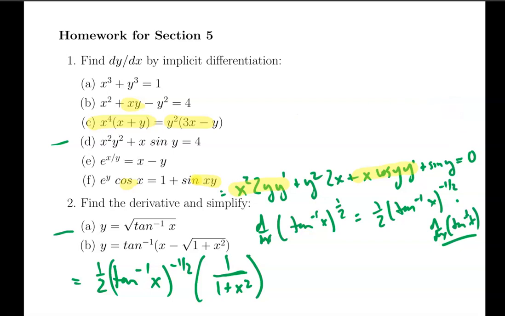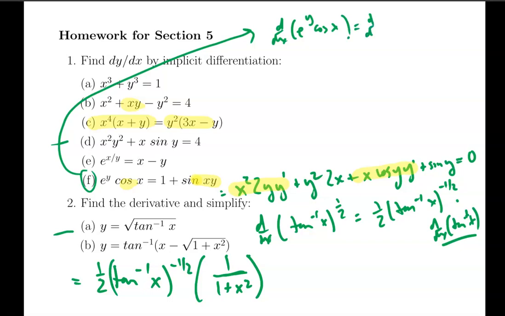We'll do this one, which is f. So it will be the derivative of e to the y cosine x is equal to the derivative of 1, which is obviously 0, plus the derivative of sine xy.